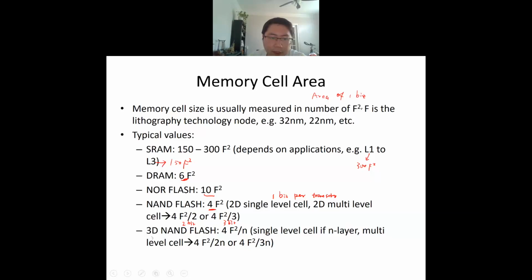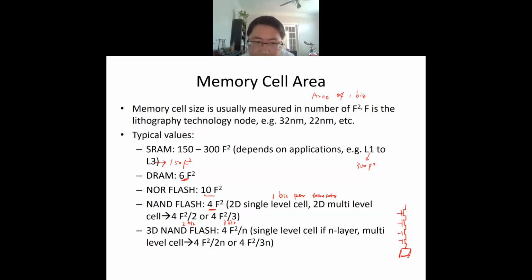And also the other way to increase the density is to do the 3-dimensional integration for the NAND flash. This is happening today. And the SSD you buy today actually is all based on this so-called 3D NAND flash. This is to vertically stack multiple transistors in a unit space. So for example, here, if you have multiple layers, you are going to reduce the area horizontally in the lateral dimension.